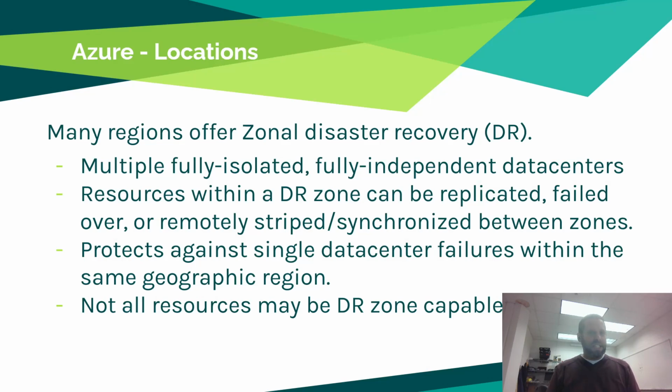In these data centers, a lot of these regions will offer what are called zonal disaster recovery, otherwise known as DR. These zones are multiple fully isolated, fully independent data centers within a geographic area. So for example, let's pick Chicago here.